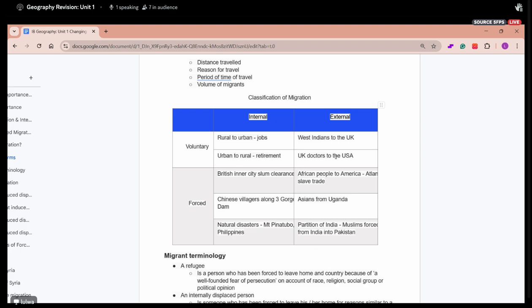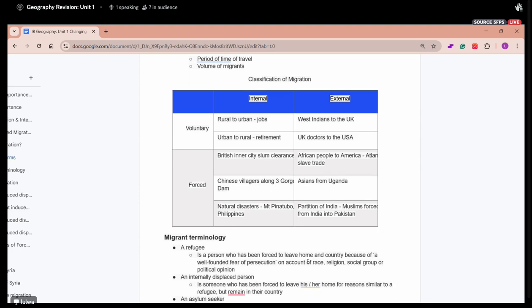That's voluntary by choice. Forced migration is without choice. For example, internal would be Chinese villagers along the Three Gorges Dam, natural disasters. External would be African people to America through the Atlantic slave trade. You have Asians from Uganda, or you have Muslims forced from India to Pakistan. So that's when forced migration was set to happen.